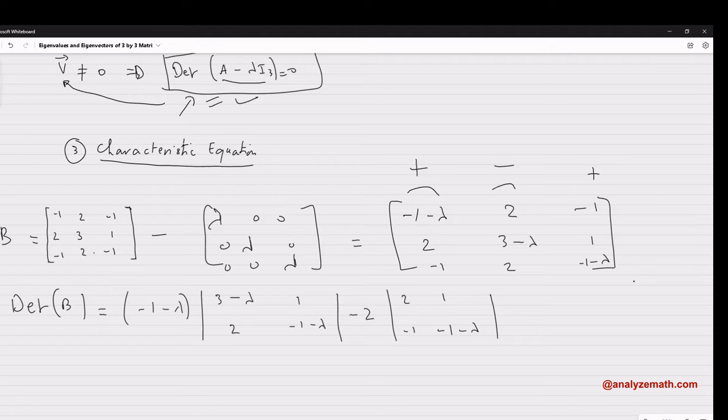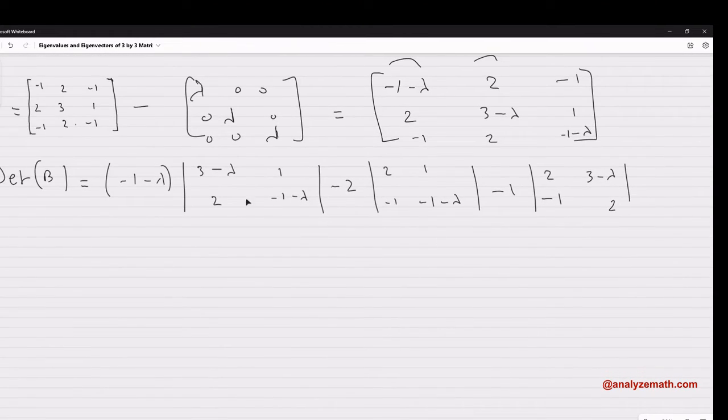When you go to the third one, it's a plus with a negative 1. Take this out, take the row containing this term, take the column containing it, and then you are left with 2, negative 1 here, 3 minus lambda, and then 2. Good. Now these are 2 by 2 matrices, which we know how to do.